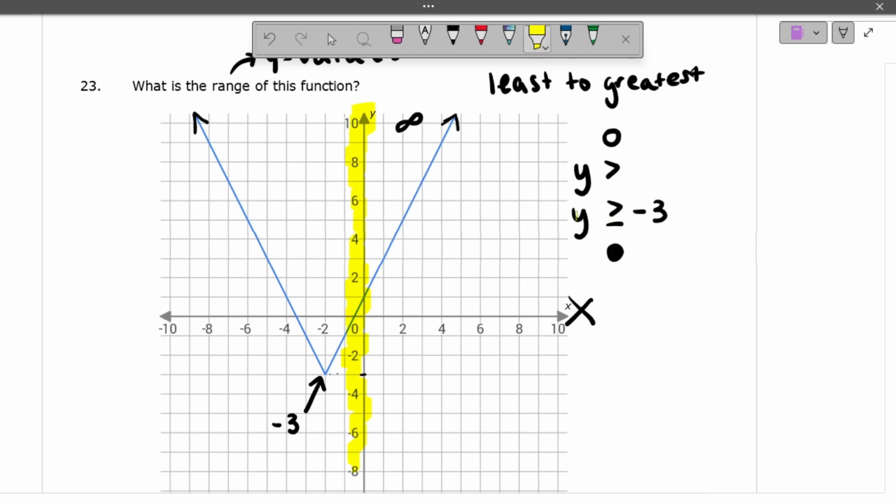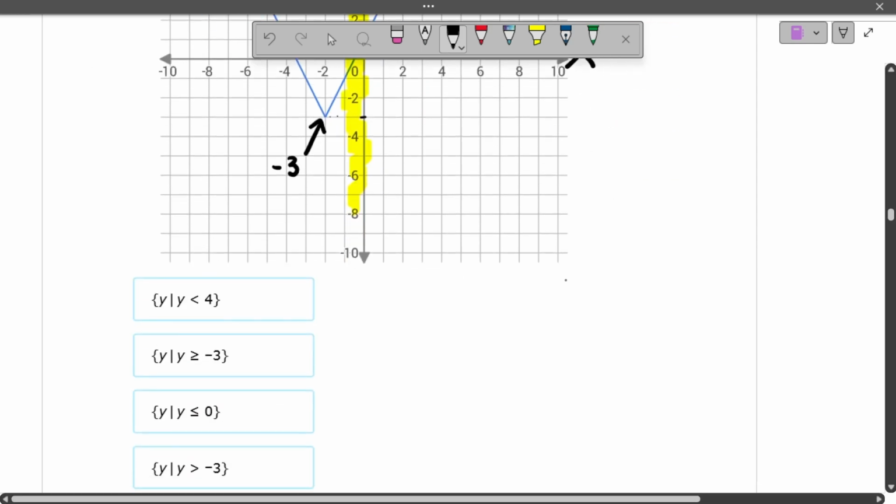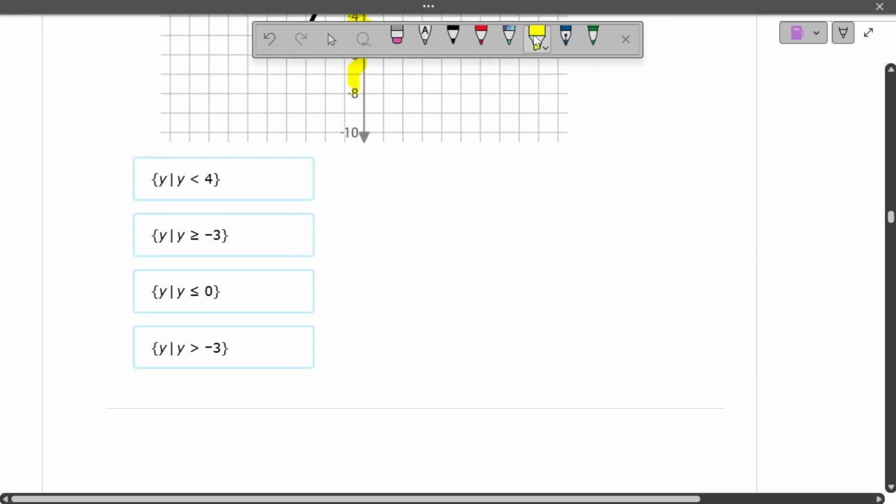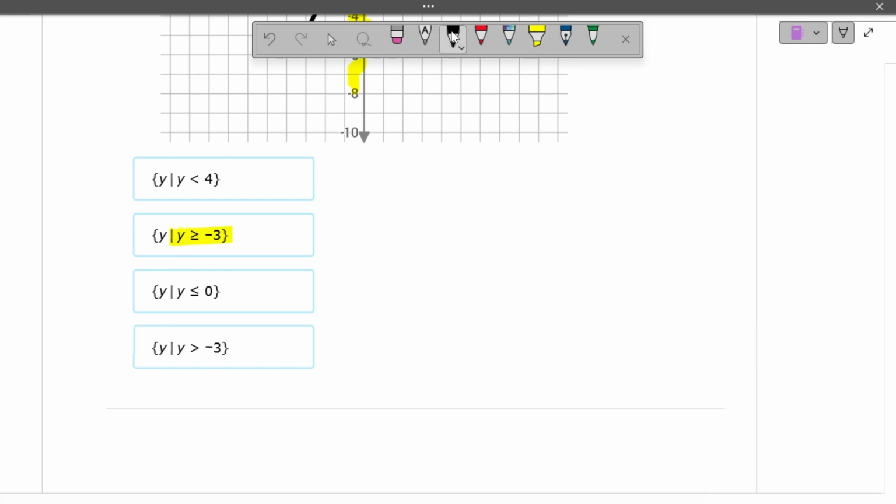And that will be our answer there, which, scrolling down, should be option number 2. Y is greater than or equal to -3. And then this little y in the line here is just saying that our y values are, we're talking about range, so that's just the notation that they're using.